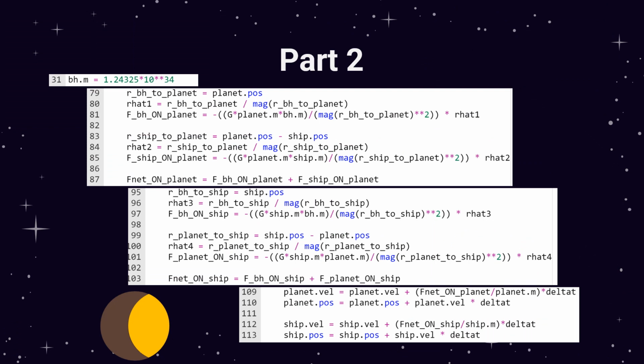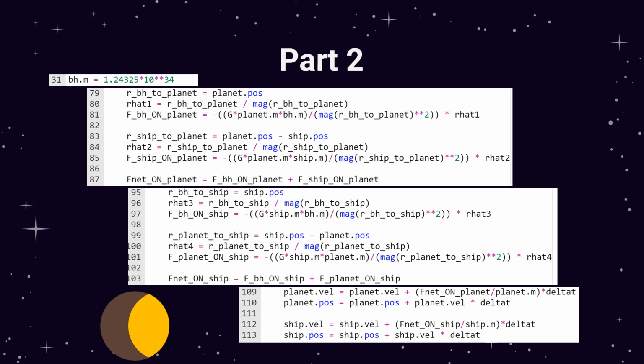In part 2, we use the mass of the black hole that we found from part 1, and now we can use the gravitational force equations to compute all the forces on the planet, both from the black hole and from the ship, as well as all the forces on the ship from the black hole and from the planet.